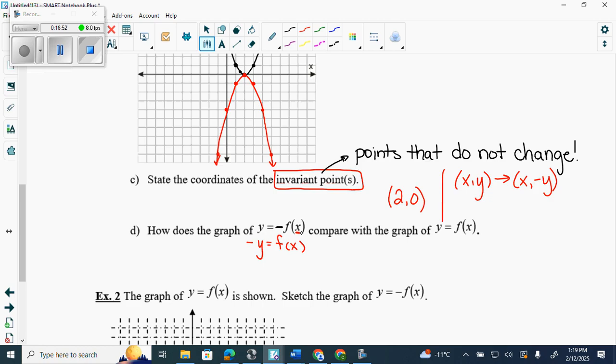So unless it's in the bracket with the x, it does not affect the x. So this is on the outside. It makes my y's all negated. And when my y's are negated, I have a reflection in the what? In the x-axis. Because remember, your positive y's become negative and your negative y's become positive, therefore reflecting in that x-axis. Right? We need to understand why we do what we do.